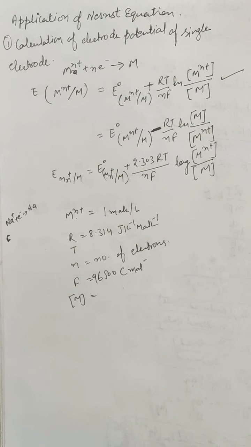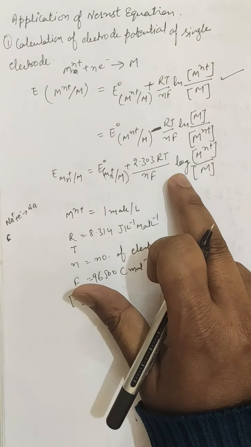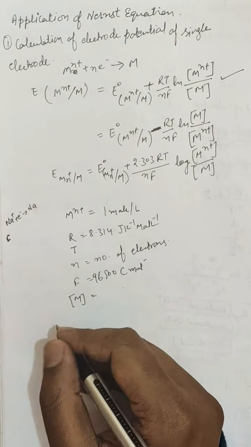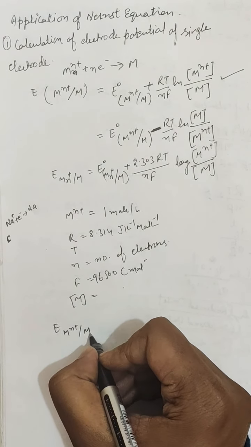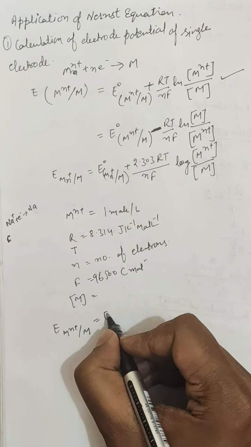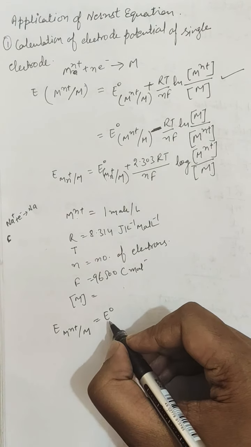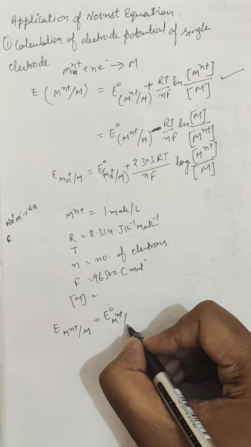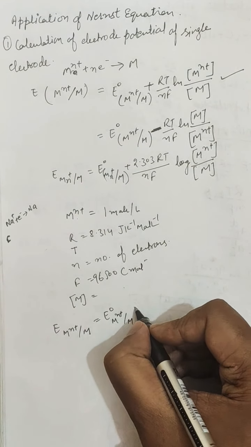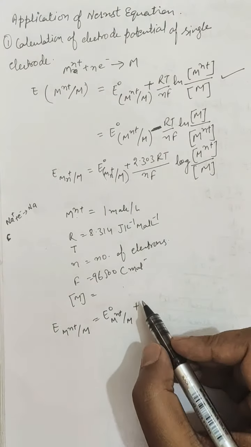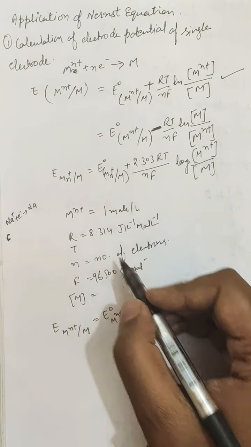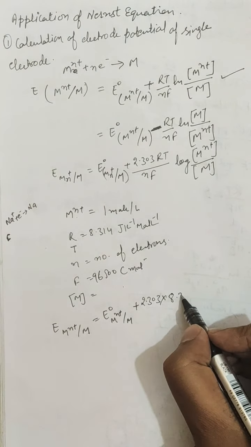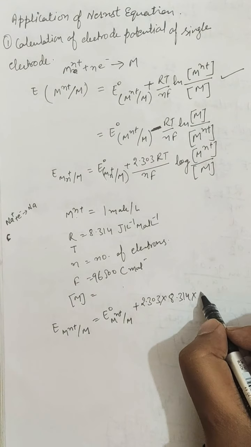After putting all these values in this equation, we get E of M^n+/M equal to E° of M^n+/M plus 2.303 into R, the value of R being 8.314, into the temperature.